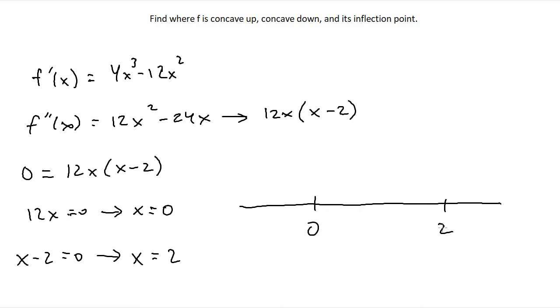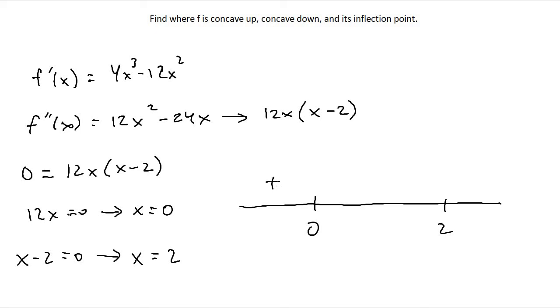And I just need to plug in numbers outside of 0 and 2, or in between, into the second derivative this time, because we're just looking for the signs, not really the exact value. So let's say I plug in negative 1. If I plug negative 1 into the second derivative, I'll get a negative number times another negative number, which means that it will be positive.